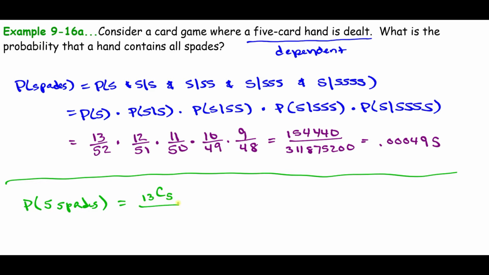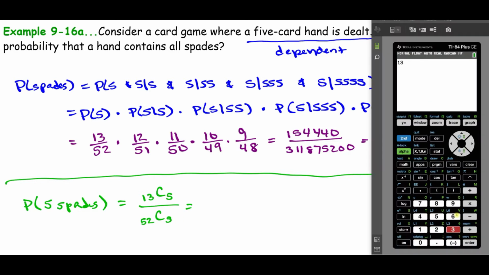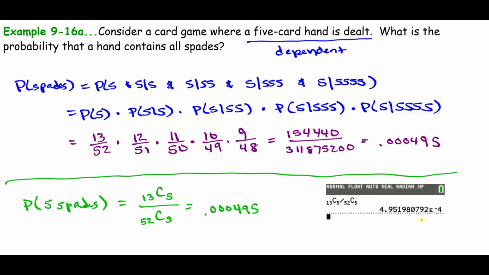And then generally any hand in the deck is chosen from 52 cards, and we're going to choose 5 of those. So if we use our combination in the calculator, we put in 13, go to the probability, do the combination, 13 choose 5, divided by 52, go back to the math, get the combination again, 52 choose 5, and you can see we end up with the exact same answer we got before. So just a preference, whichever one makes more sense to you.